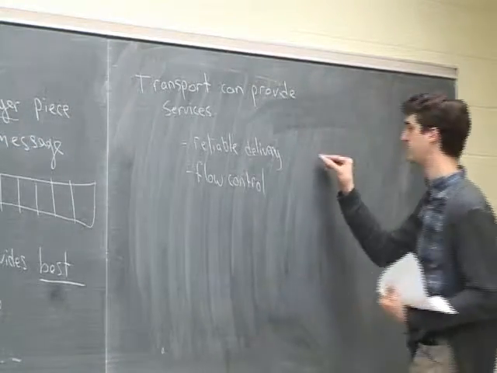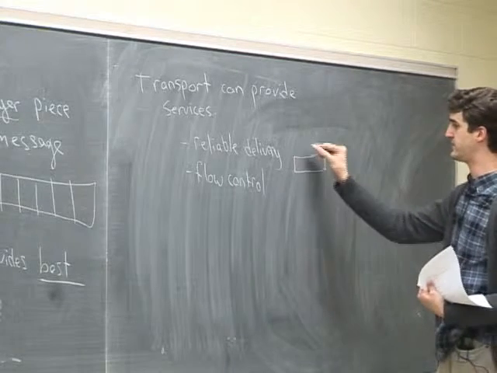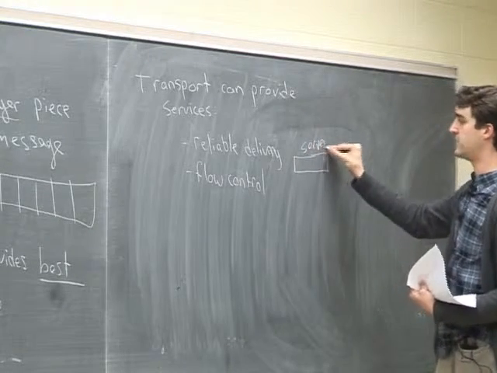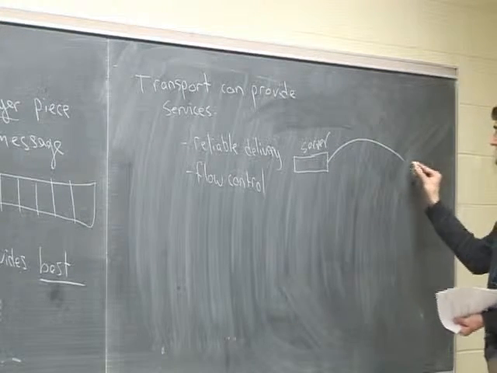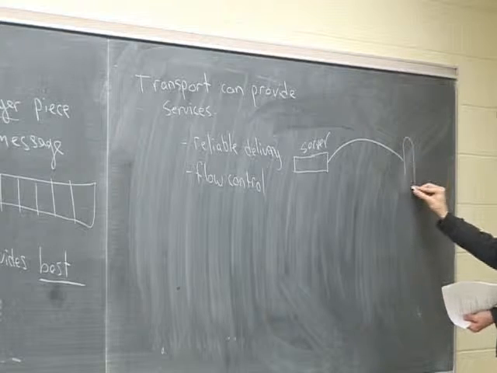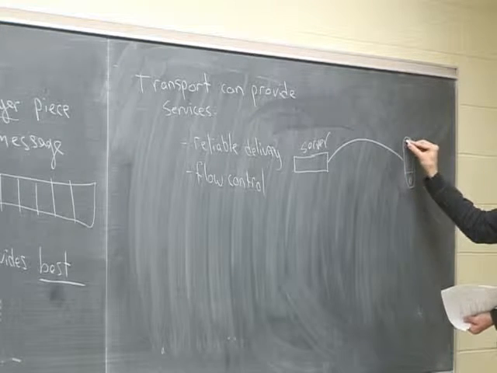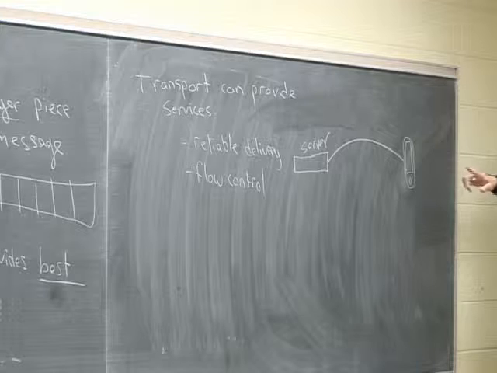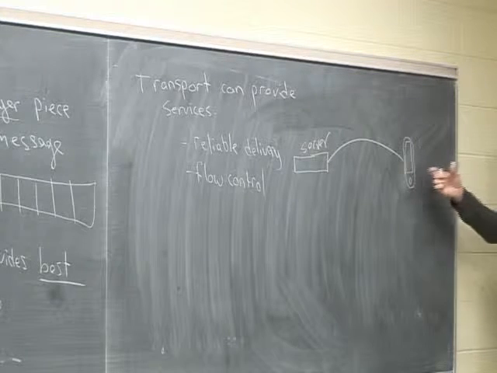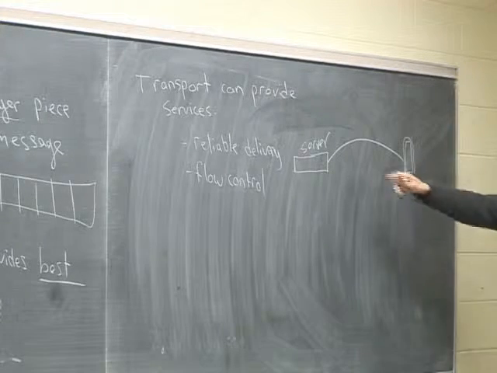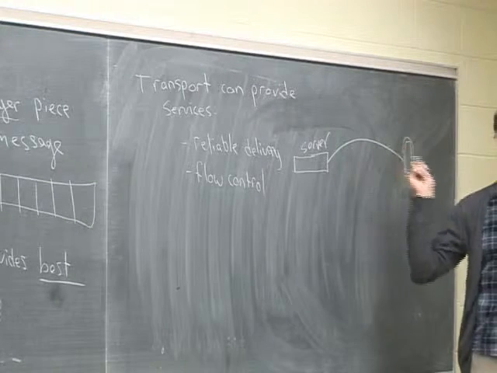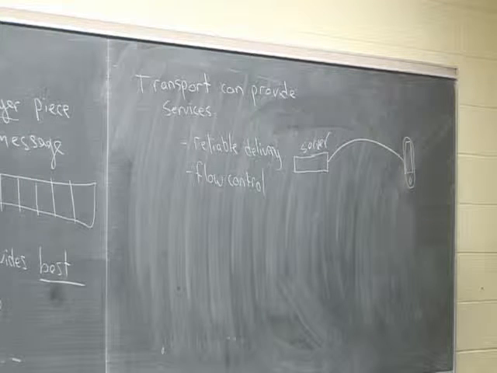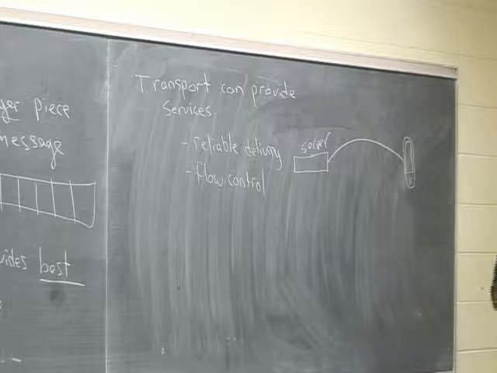So you can imagine a situation where suppose we have this powerful server in a data center, okay? And it's sending data to your smartphone. All right, this server is many times more powerful than your smartphone. So it could easily overwhelm your smartphone with data. So flow control prevents that from happening, okay? It negotiates the rates of the endpoints so neither of them overpowers the other one, all right?